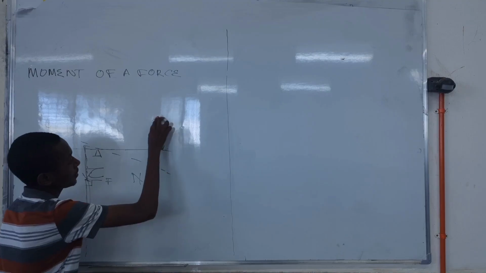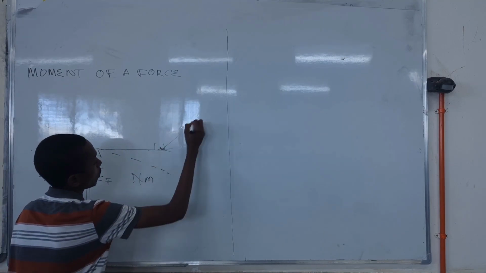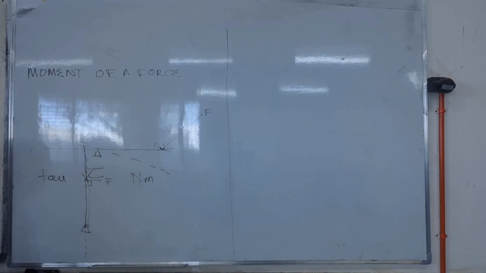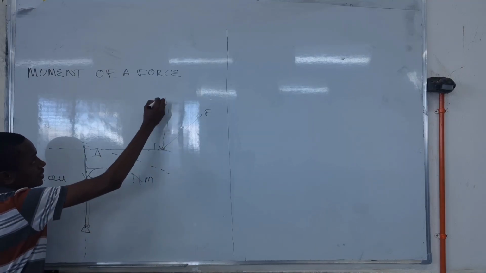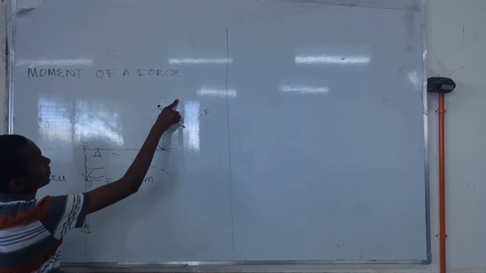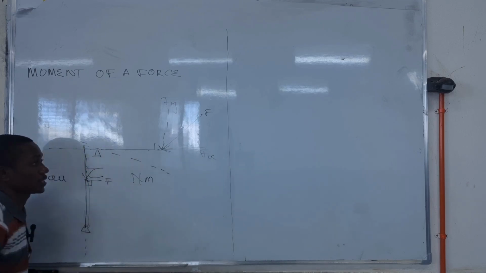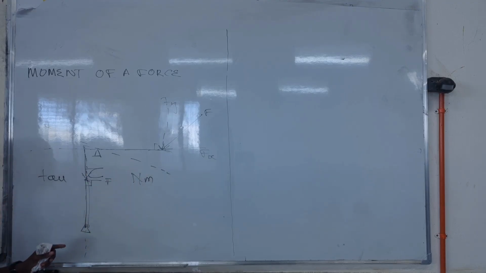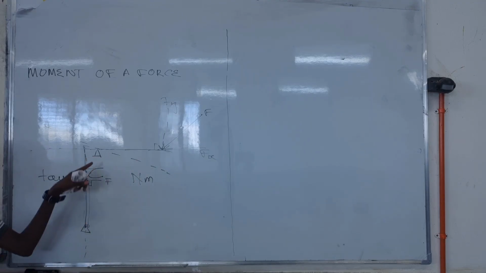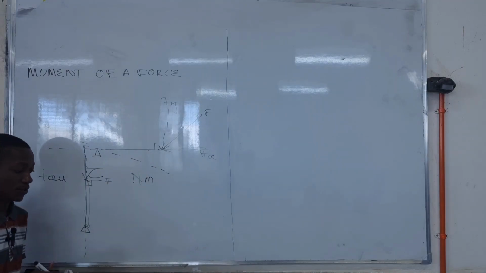If you've got a force that is acting at an angle, we know that we can't deal with this directly. Firstly, we have to resolve it into its components. So you resolve it into its components so that you get the x component and the y component. The x component isn't going to produce any moment because it is within the line of action. Okay. But the y component is going to produce moment.